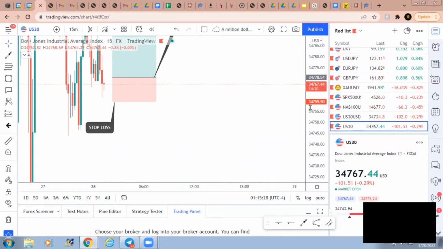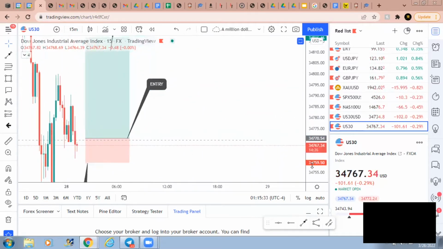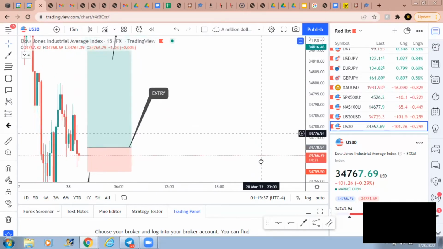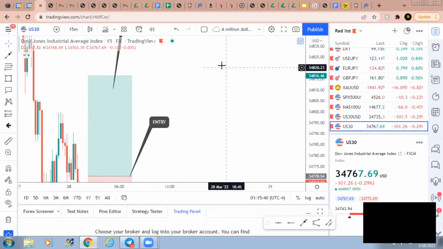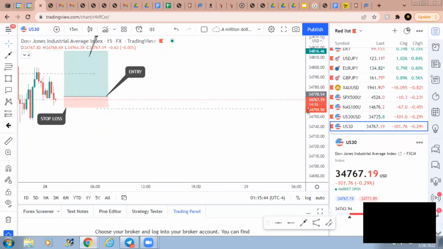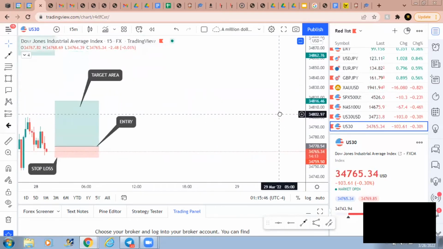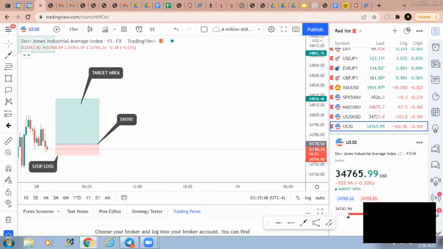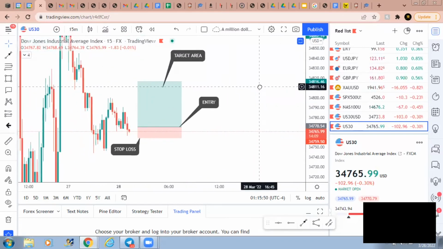Of course, the stop loss is 34759.50. And always remember, the stop loss is going to be on the side, right here, along with the entry point and your take profit area. Your target area, your entry, and your stop loss numbers are always going to be on the side, 100,000%.